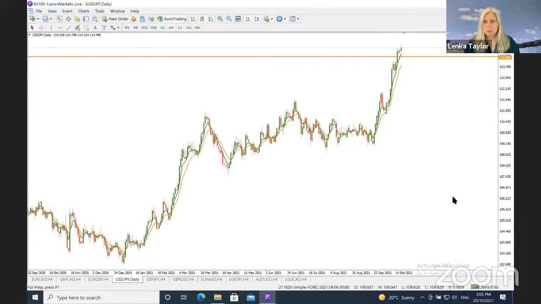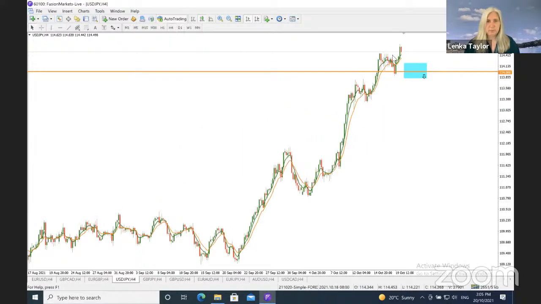So let me just move this window down here. On the daily, price has closed a few times above as well. So on the 4-hourly, either we're going to see price action come back and then go back up from that horizontal.